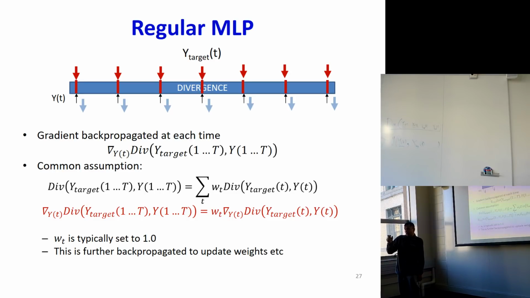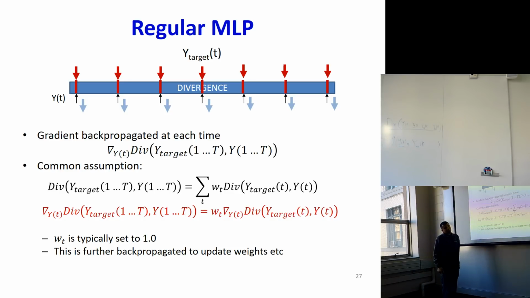I can think of it even as a weighted sum of divergences, right? So for example, I might say that an error later in the sequence is more important than an error early in the sequence. Most commonly, we'll just assume that all the weights are identical, right?